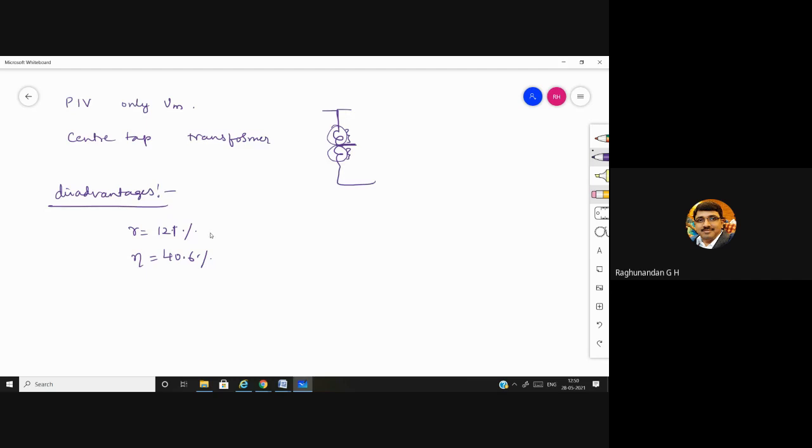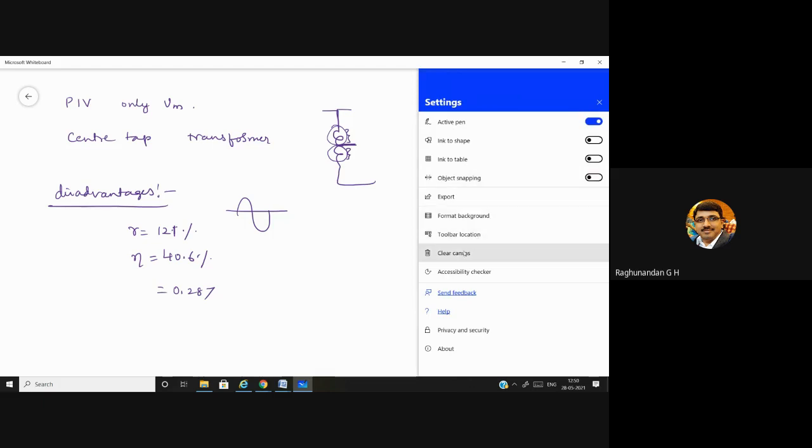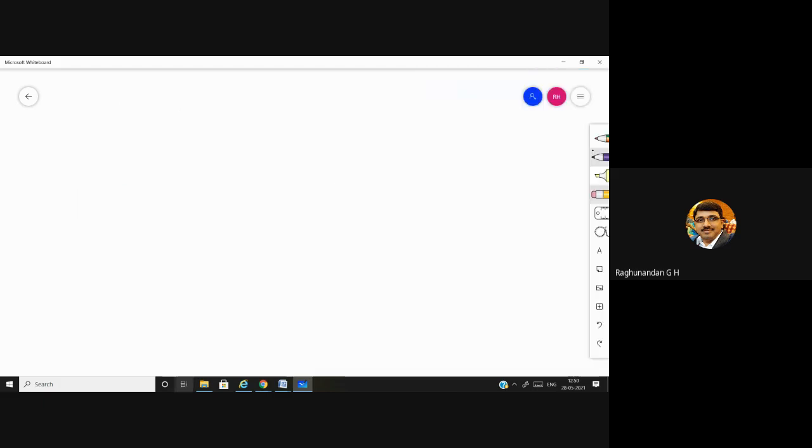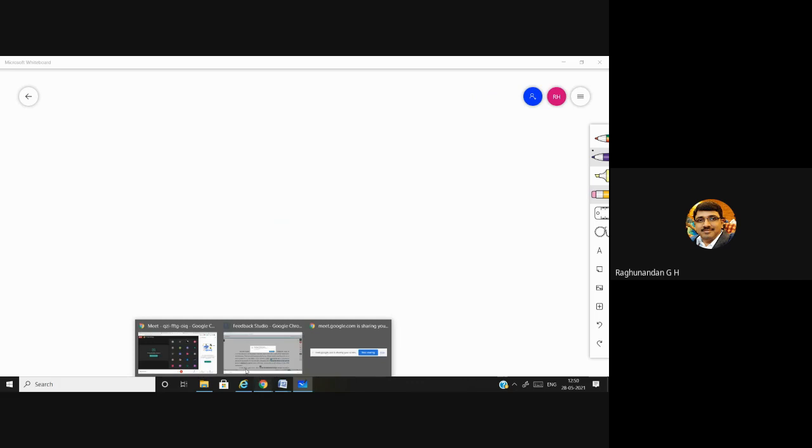We have a low transformer utilization factor of 0.287, and it rectifies only half a cycle. It is not going to rectify the full cycle, only the half cycle. So these are the disadvantages we have. After this, we are going to study the full wave rectifier, which we will do in the next class.